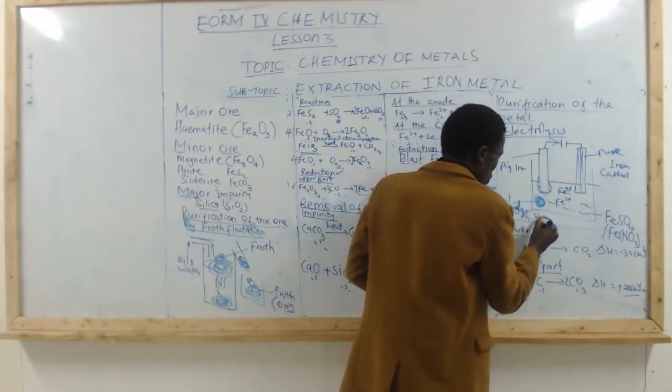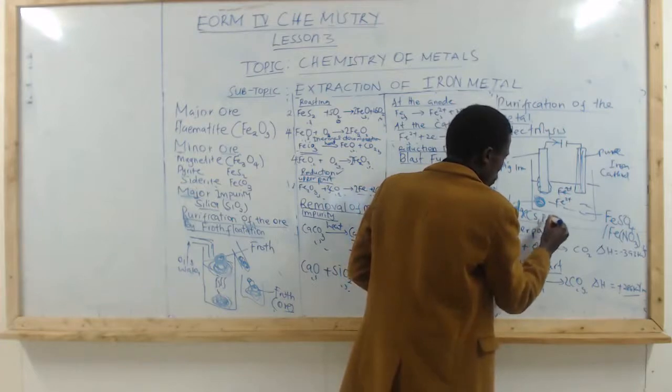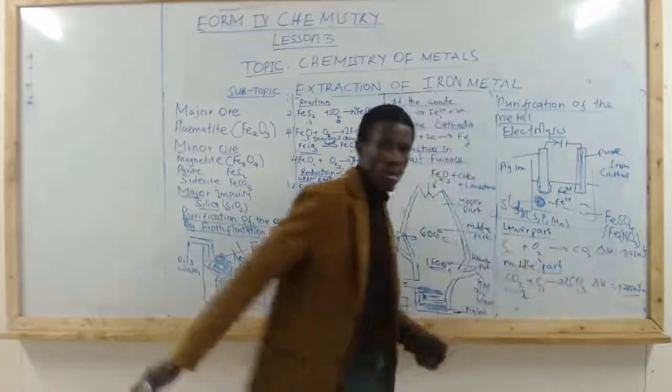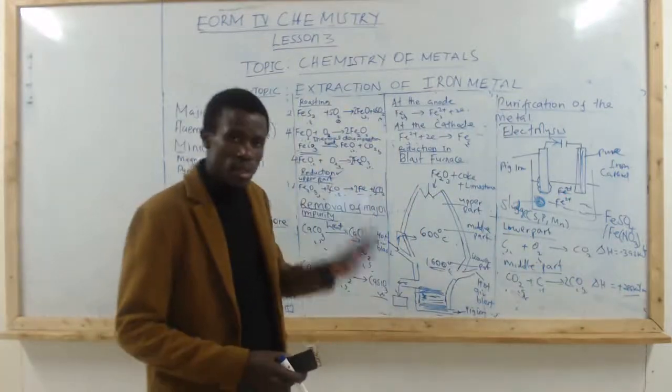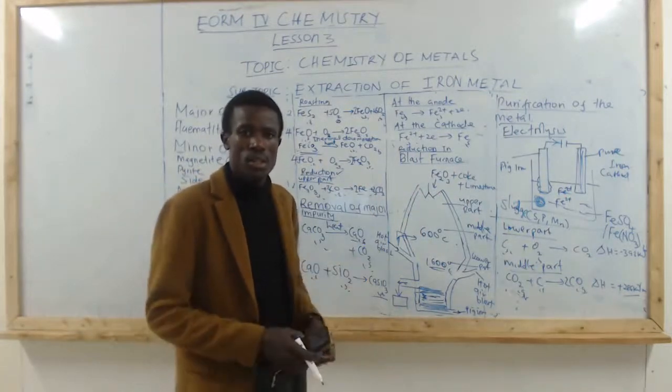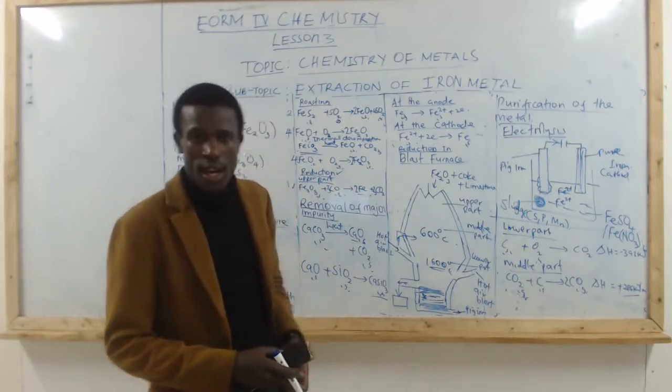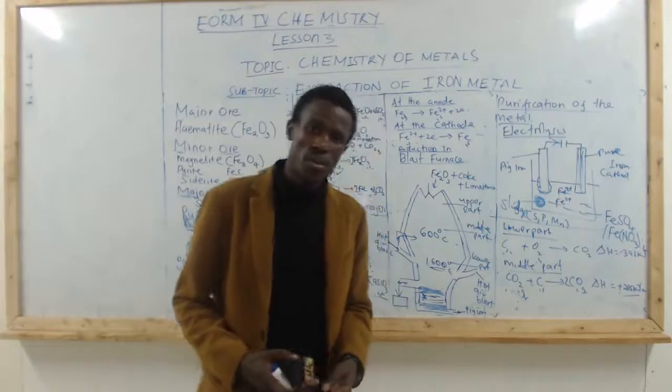They can be sulfur, phosphorus, manganese, and so on. So that is the simplest way in which a student should be able to understand the extraction of iron metal from its ore.